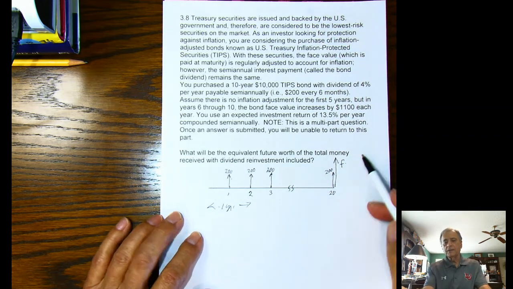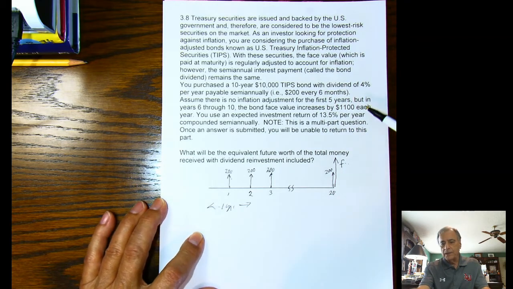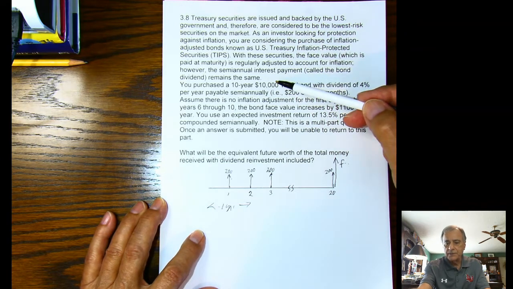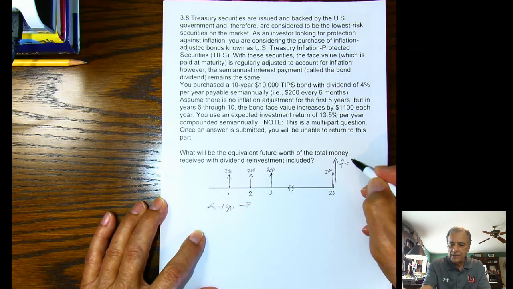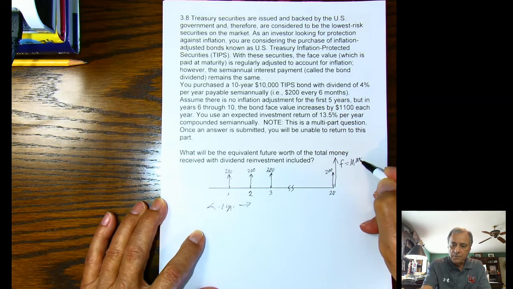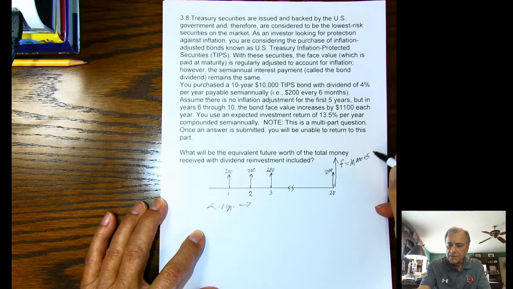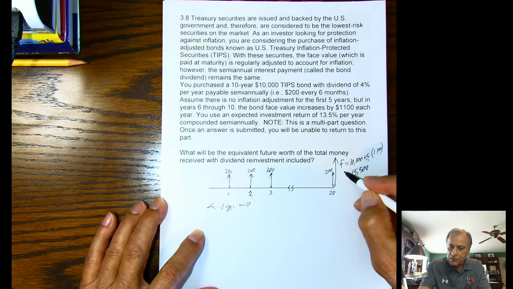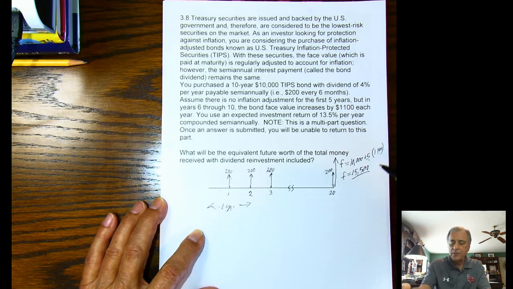How much is that little f? Well, it went up $1,100 each year for 5 years from $10,000. So this is going to be equal to $10,000 plus 5 times 1,100, which is 5,500, so that'll be $15,500. That's what your future value is at that point in time.